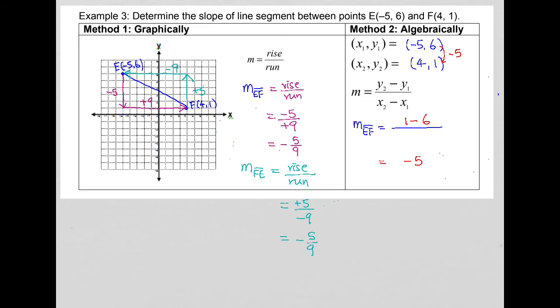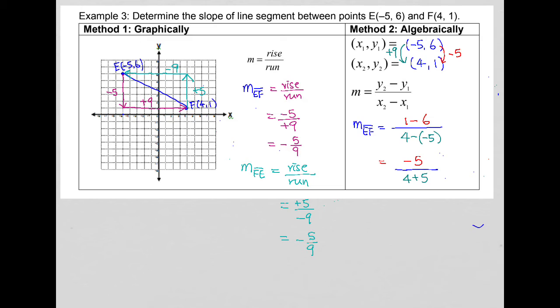Then let's look at the run. The run is the x values. From negative 5 to 4, you need to move 9 units to the right. Mathematically, we do 4 minus negative 5, which means 4 plus 5.